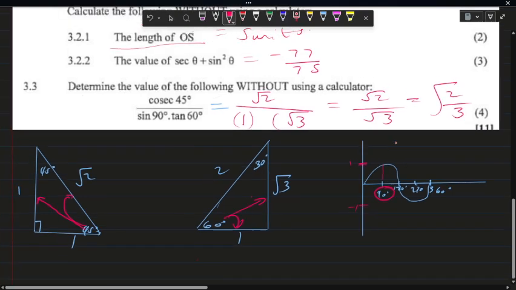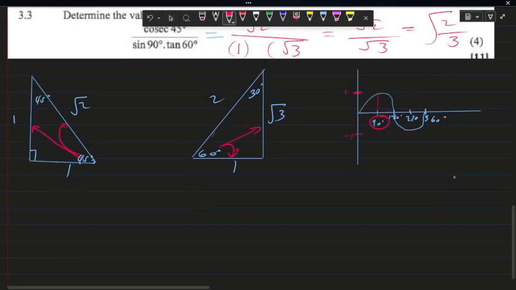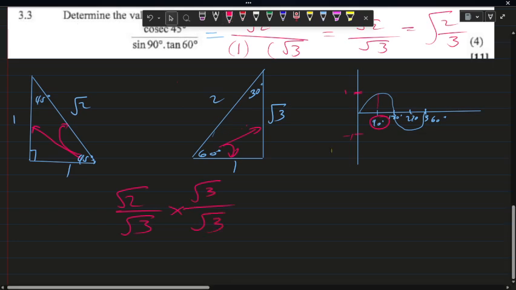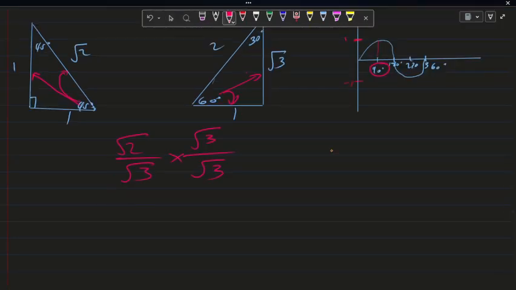This is our final answer, and if you like, you can rationalize the denominator. Okay, let's do that. Our answer is root 2 over root 3, but we can rationalize the denominator to turn it into a rational number. You can multiply the top and the bottom by root 3. Essentially we are multiplying the fraction by 1, so we are not doing anything illegal.